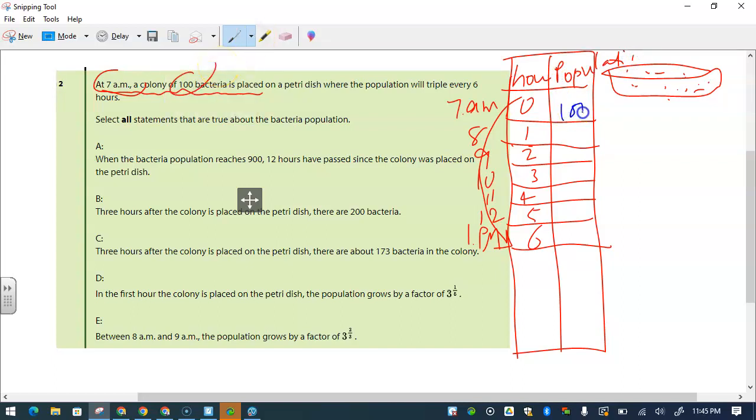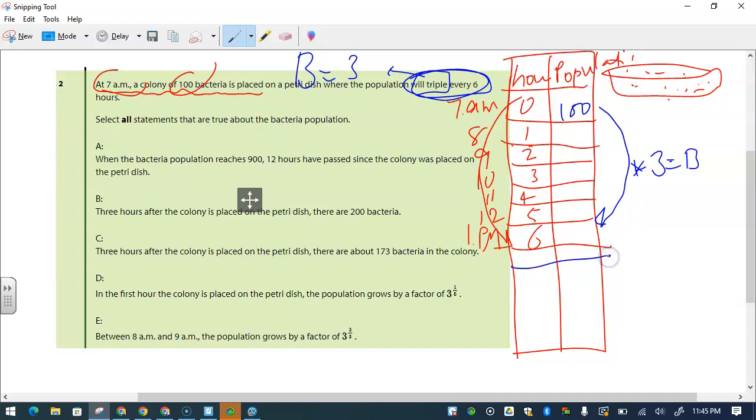So this is 100. Now this 100 triples every 6 hours. See, this word is very important. What is it? Triples means the growth rate. I'll write uppercase B as 3. So from here you multiply by B, which is 3. Now in between you have 7, 8, 9, 10, 11, and 12.